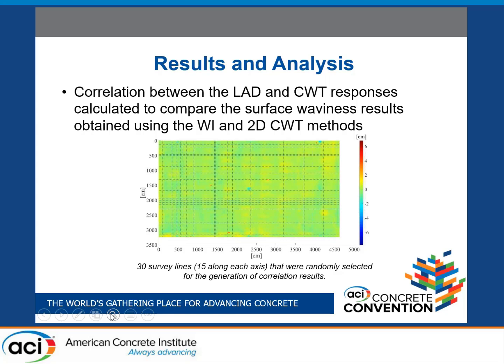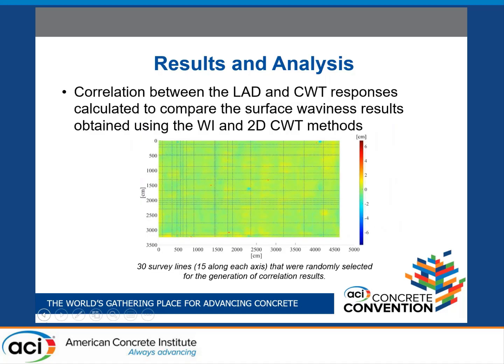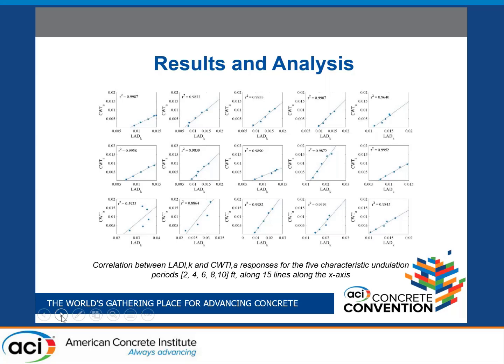We call that LAD, to our results that we obtained from the 2-dimensional continuous wavelet transformation. We selected 30 survey lines, 15 along each axis. I'm going to quickly go through these ones.